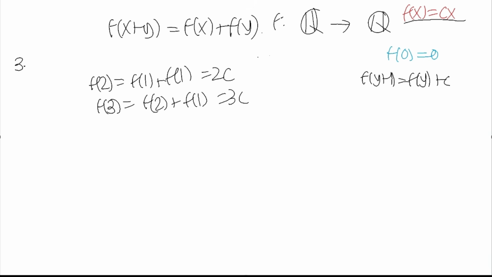And then we can just keep going up and up in this manner. We get f(4) = 4c, f(5) = 5c, and so on and so forth. In general, if we keep increasing by 1, we end up with f(n) = cn for all positive integers n.